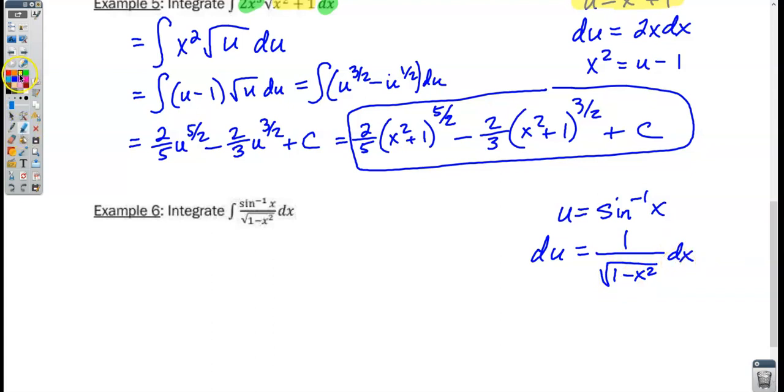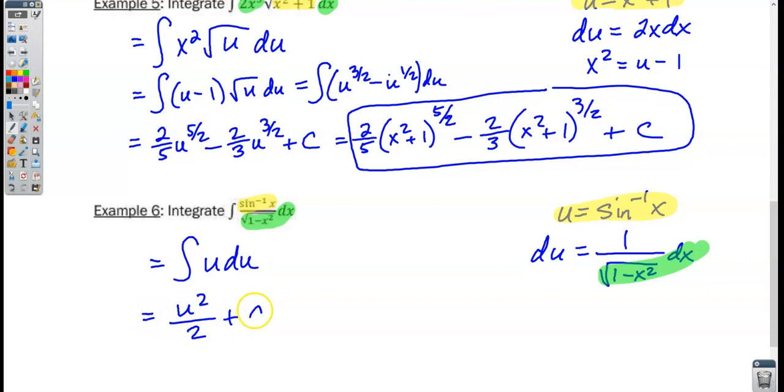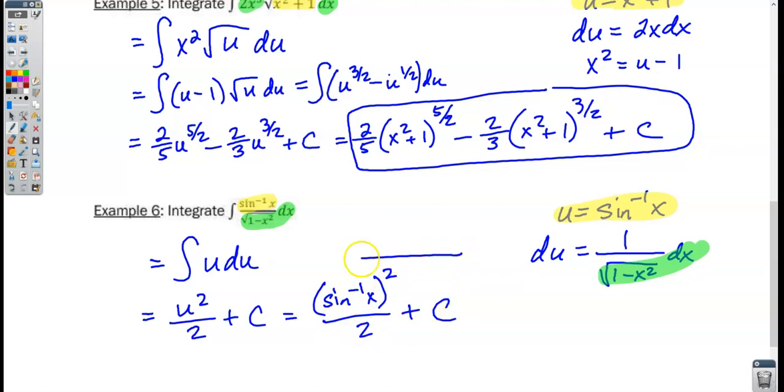And so this is exactly my u, and this is exactly my du. And so this turns into the integral of u du. I integrate, that's going to be u squared over 2 plus a constant, and then I bring u back, and so that's arcsine of x squared over 2 plus c.